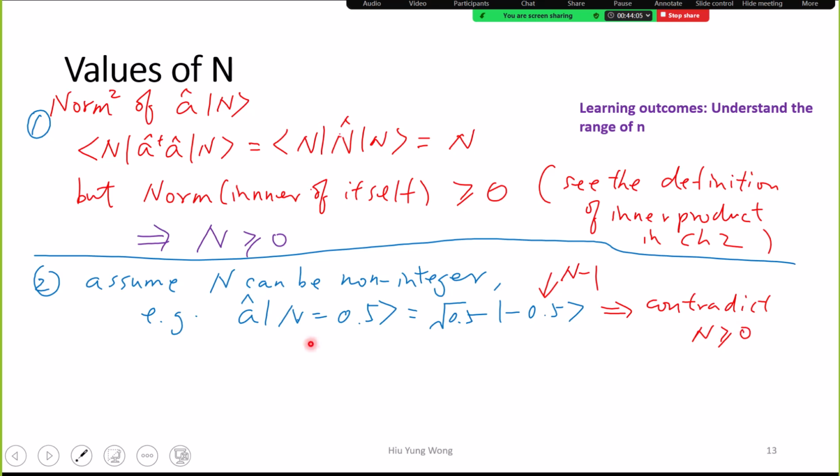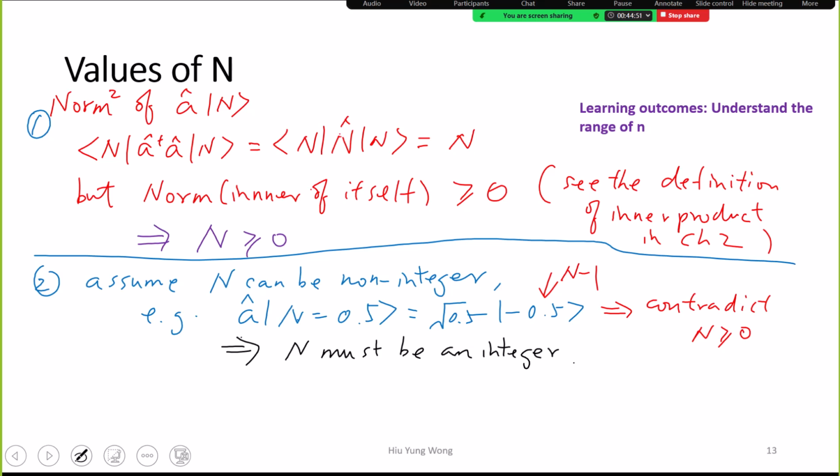So if I allow non-integer n, let's say 0.5 or 1.7, and I apply the annihilation operator, I will keep reducing it by 1, 1, 1. Eventually, it will become negative 0 point something. And this is valid, I do nothing wrong in the math. Then it means I can get a state with negative n. But I already proved that n needs to be larger than or equal to 0. So that's why this is a proof by contradiction. So that's why n must be an integer.